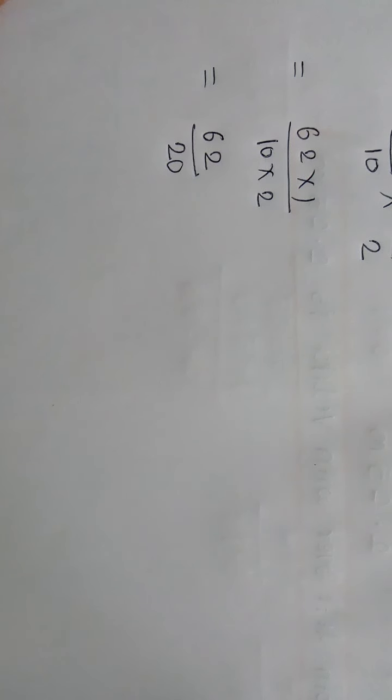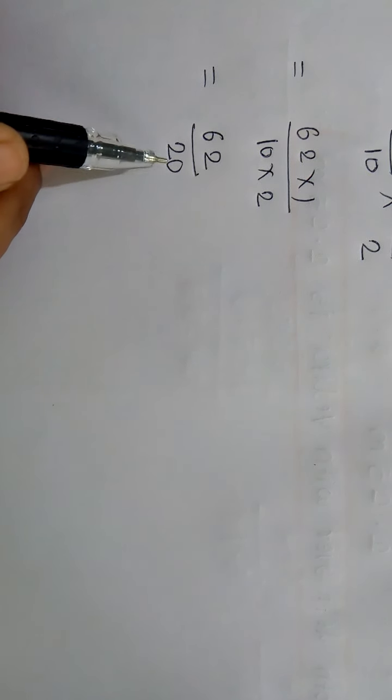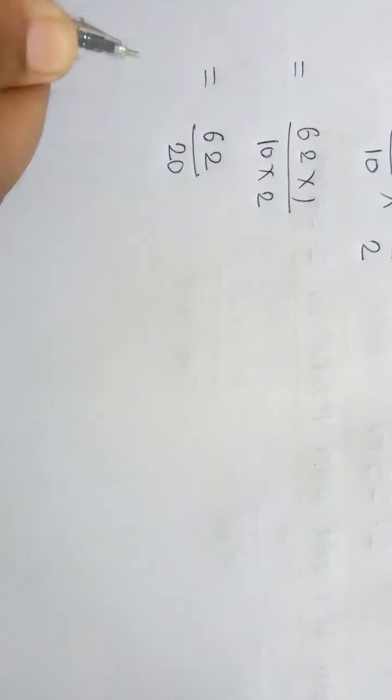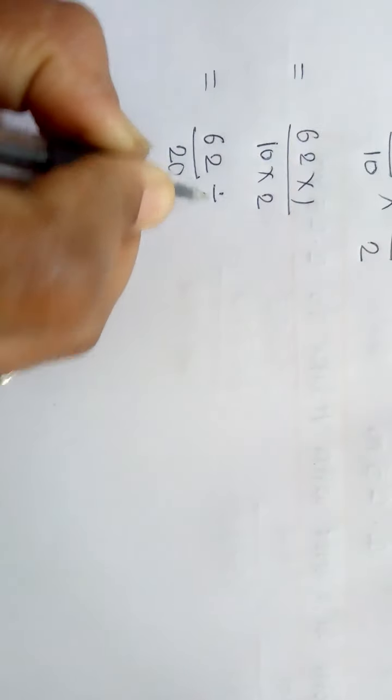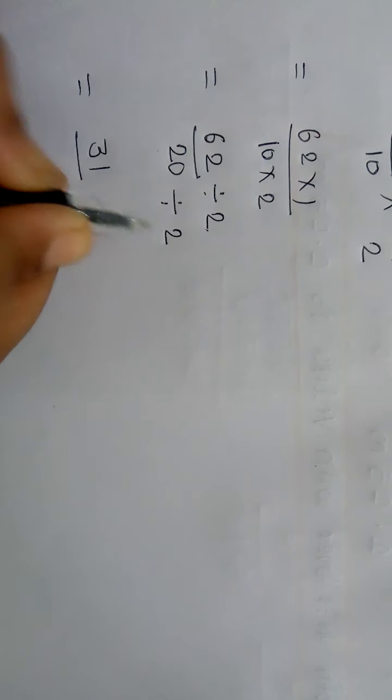But we have to convert it into decimal form, so we have to make the denominator 10 or 100 or 1000. This 20 we can convert into 10 by dividing both by 2. So 62 divided by 2 is 31 and 20 divided by 2 is 10.